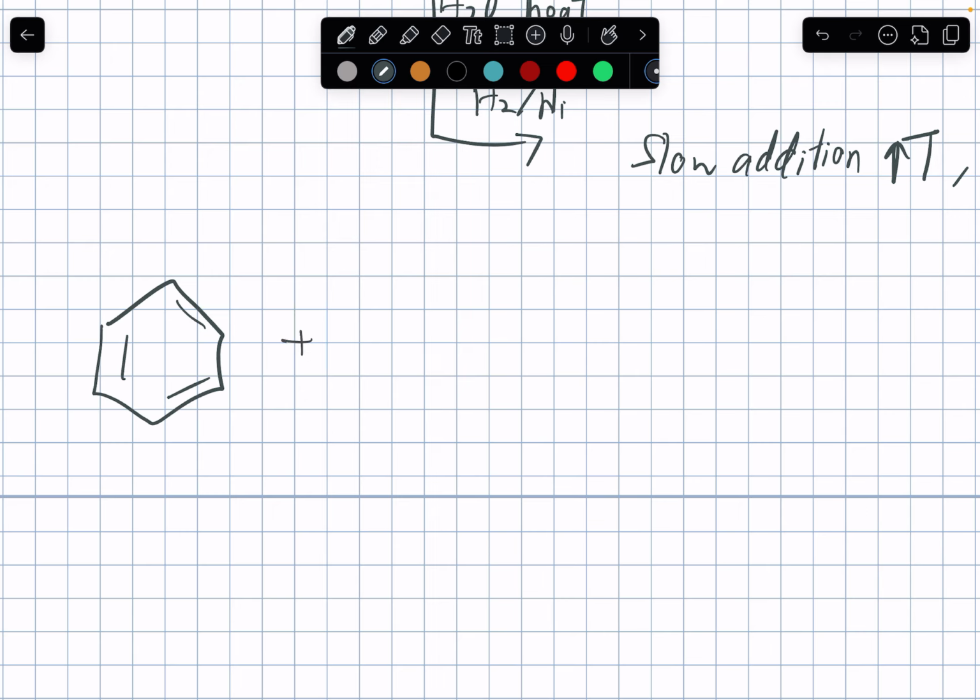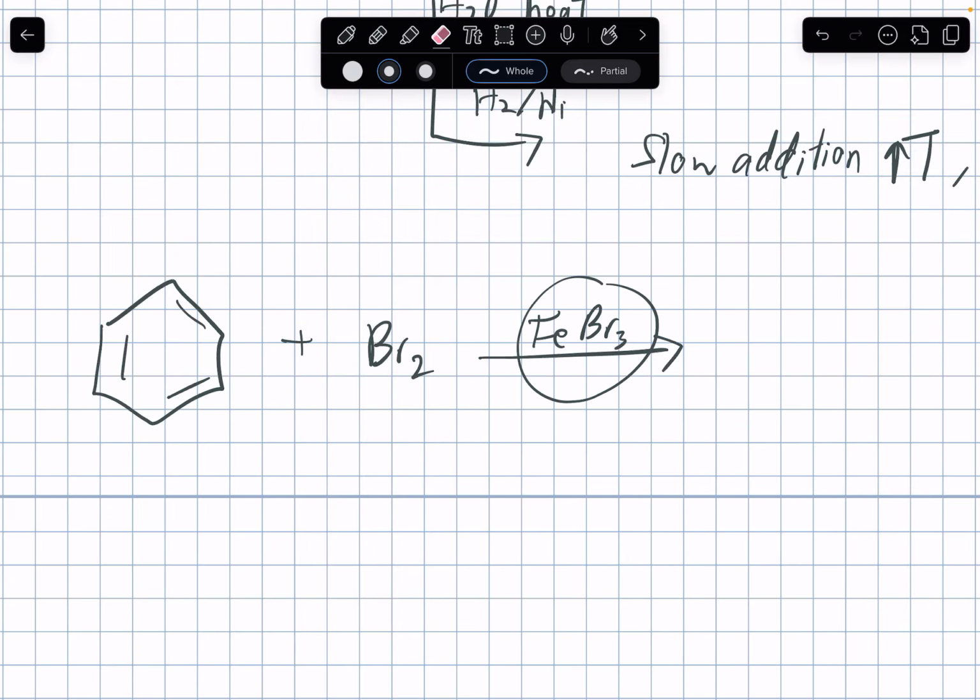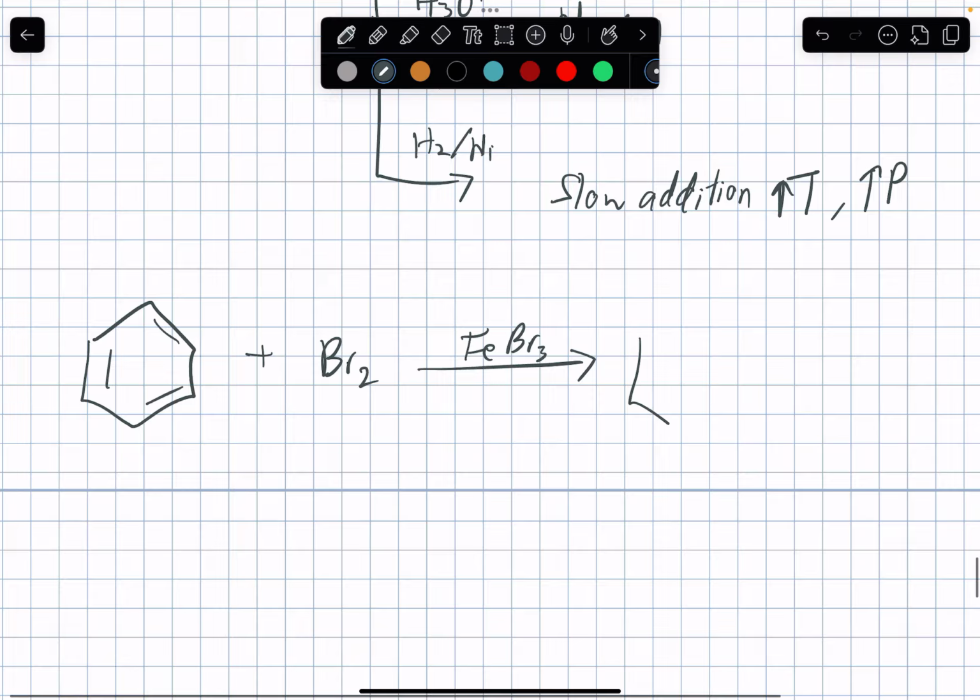Basically, let me just show it by writing. This is one way. The catalyst being FeBr3. This is a Lewis acid. The outcome, we retain the benzene ring.